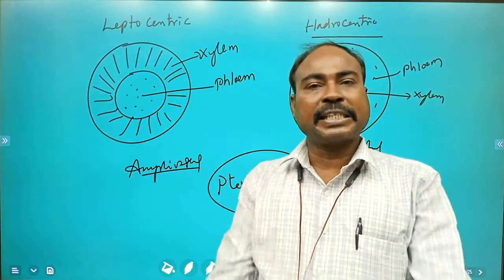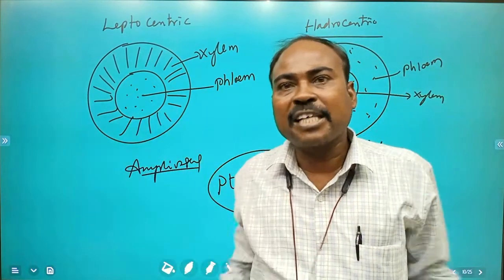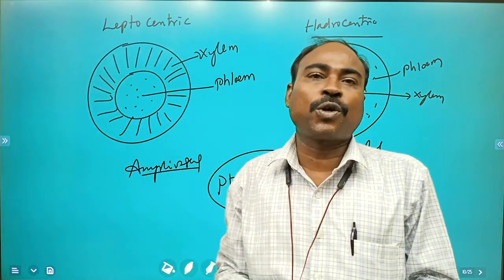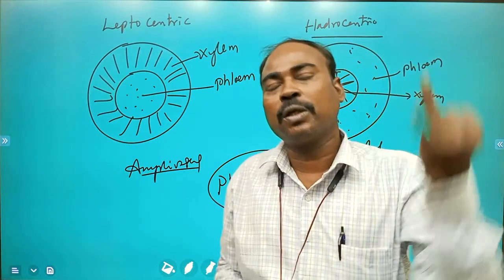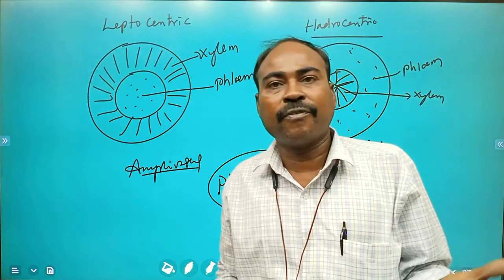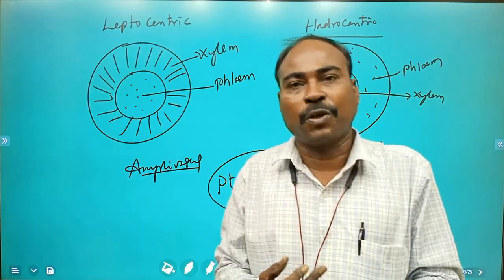The detailed description of the xylem and phloem arrangements and cambial arrangements is covered under the transverse section or anatomical structures of monocot root, dicot root, monocot stem, dicot stem, monocot leaf and dicot leaf. Furthermore, we are going to discuss those particular topics.